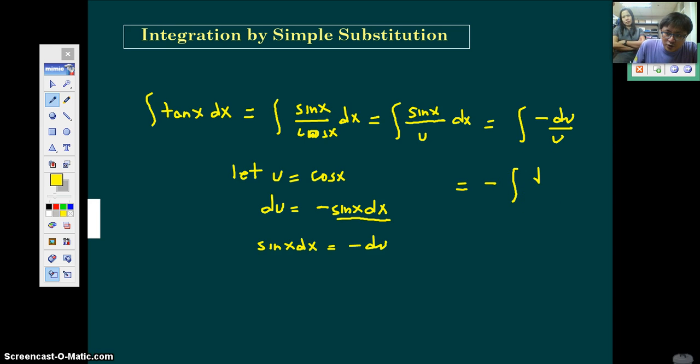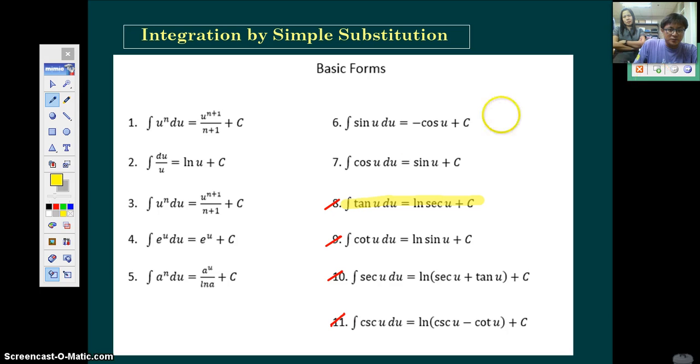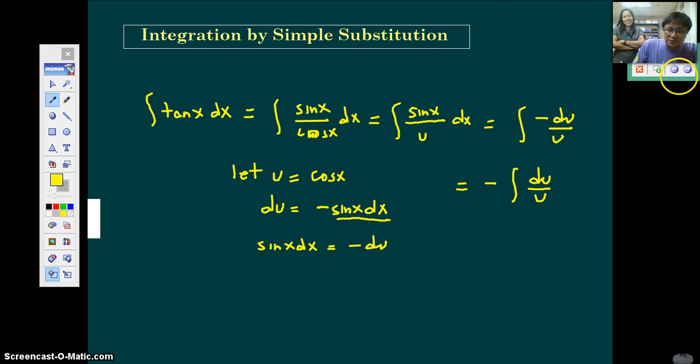So negative du over u, which is an integrable form. That's form number 2. Integral du over u equals ln u plus c. So therefore, this is equal to negative ln u, and just substitute back your substitution u equals cos x. So that's negative ln cosine x.